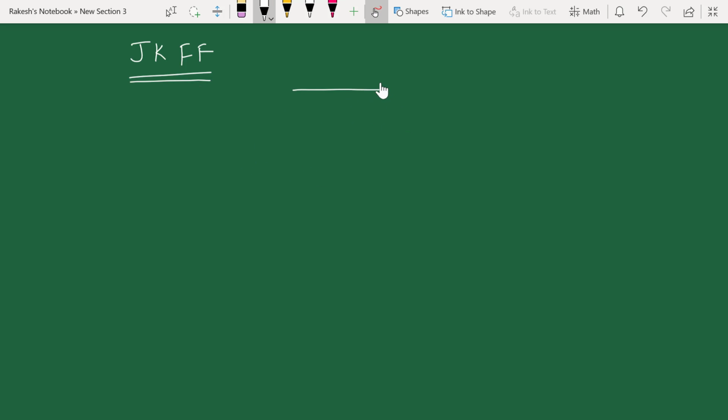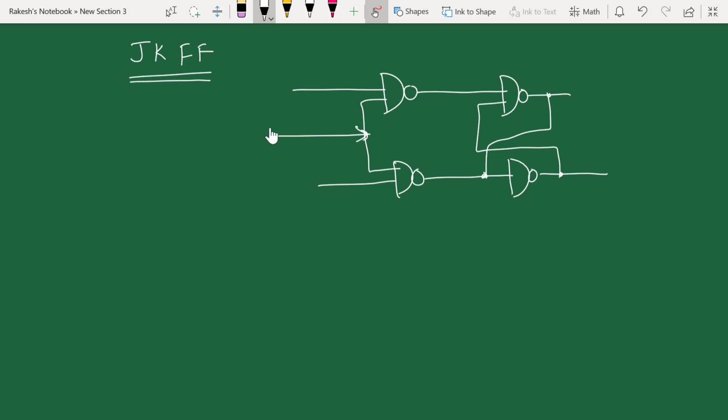Let's take SR flip-flop first. Clock or enable, it's going to be S and R. This is the SR flip-flop, as you know. We are going to do a small modification here. That modification is going to allow us to use the 1-1 combination.